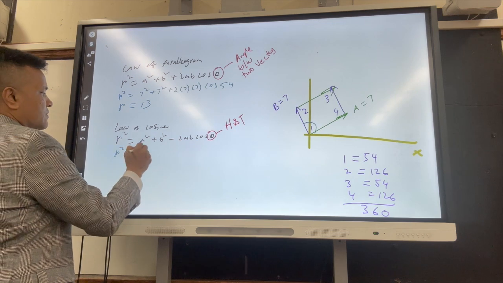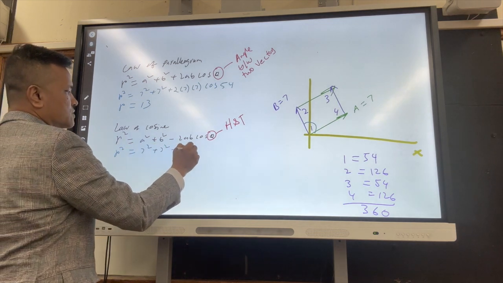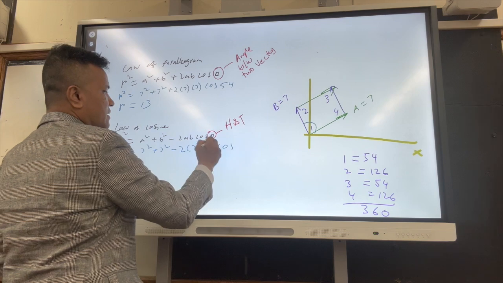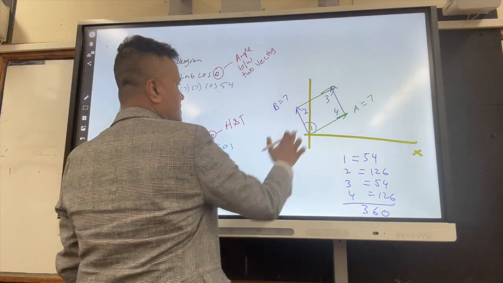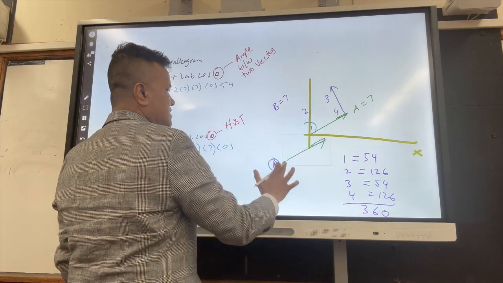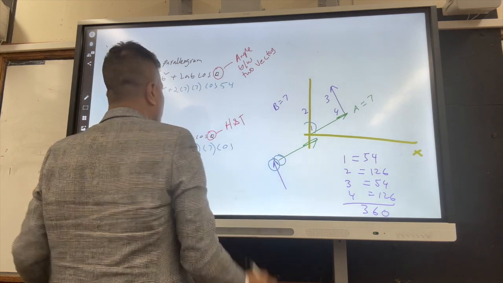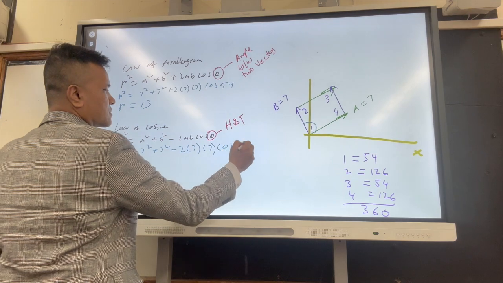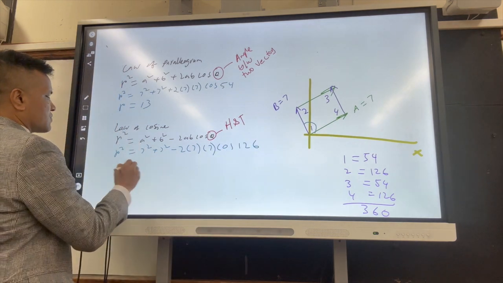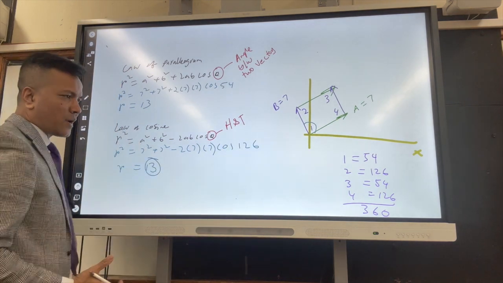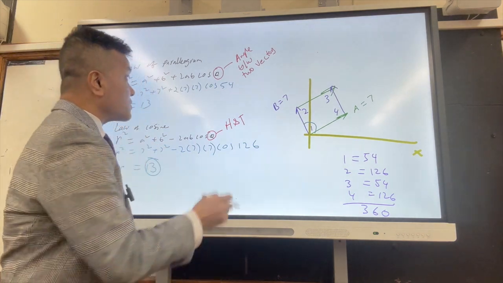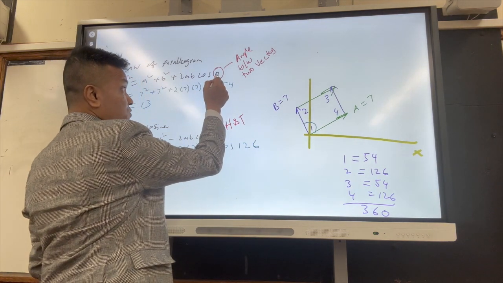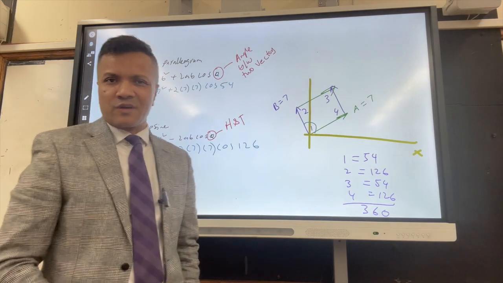R squared is equal to 7 squared plus 7 squared minus 2 times 7 times 7 cosine of the angle between head and tail, this is head and this is tail. The angle between head and tail is 126. So that gives you 13. Okay, so make sure that you don't use head and tail over here. If you do use 126, it's going to give you the wrong answer.